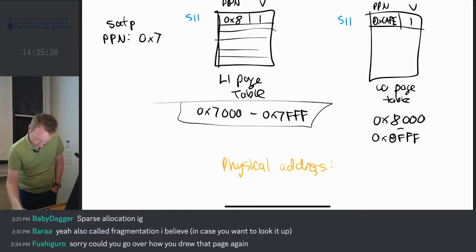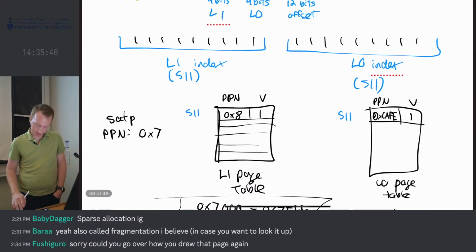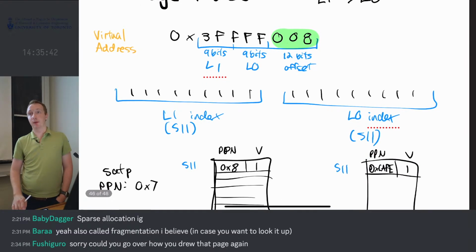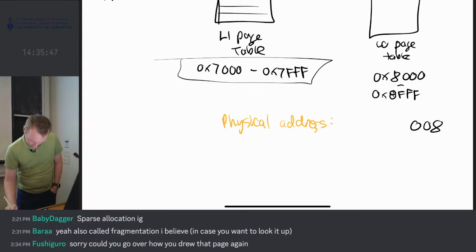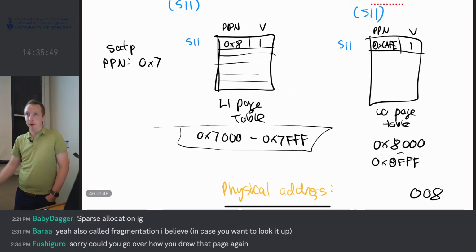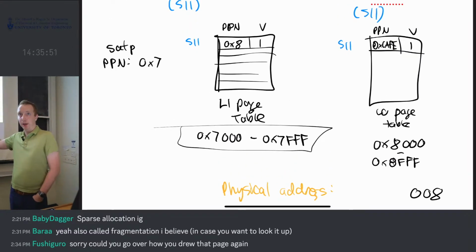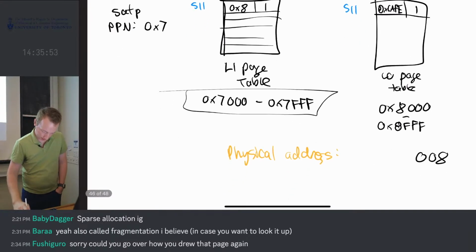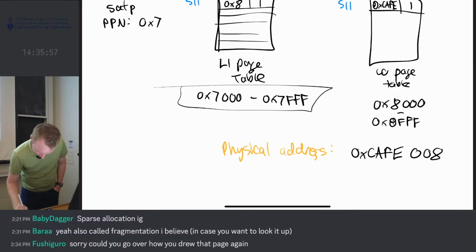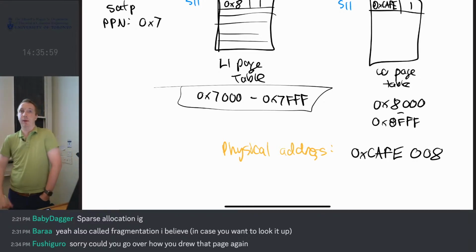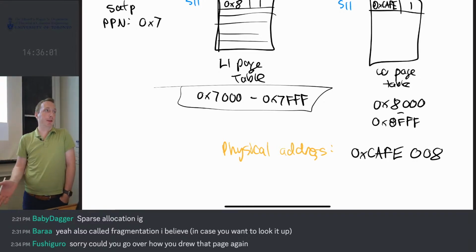The offset is 008. And the physical page number just comes from the L0 page table, whatever the entry is. So my physical address would be CAFE008, and that would be my physical address. So any questions about that translation?